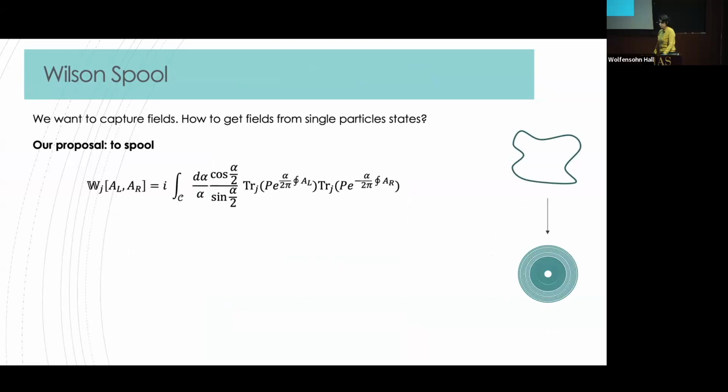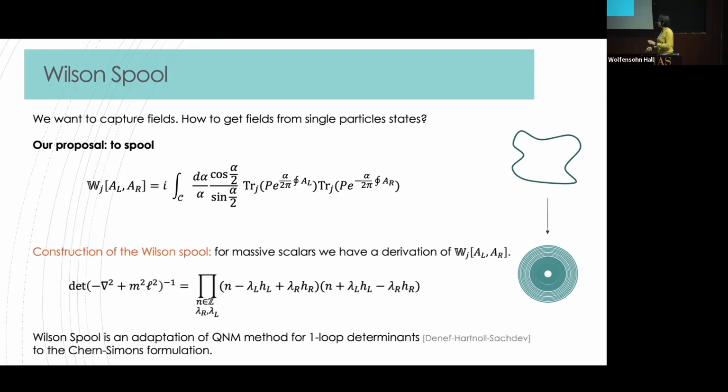And so this is the Wilson spool. It looks not illuminating at all. But actually, if you want it, there's a careful derivation in our paper. You might think, why is this the logarithm of the determinant of a Laplacian? But what I want to say is that you can actually derive this.